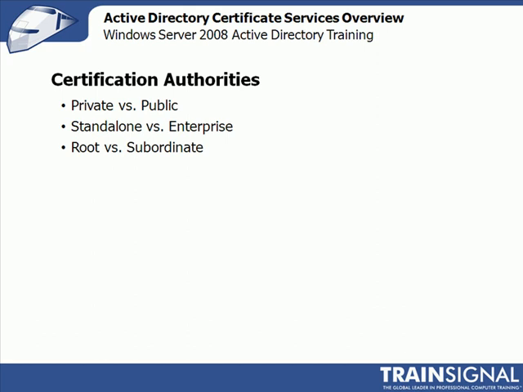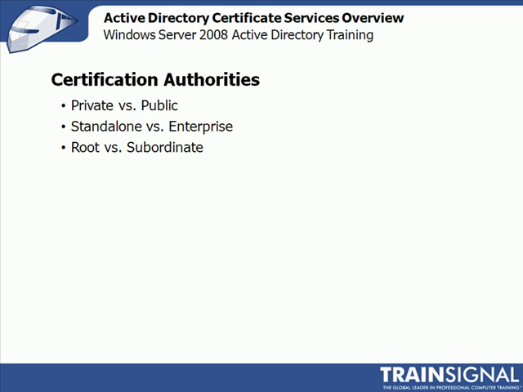Now, you might be thinking to yourself, well, who does the root CA get their certificate from? Because, yes, even CAs have certificates. Well, the root CA will have what's called a self-signed certificate. Okay, when you start at the top, there is nobody out there to sign that certificate.